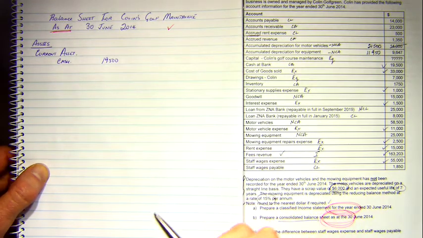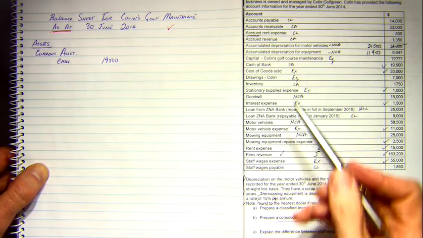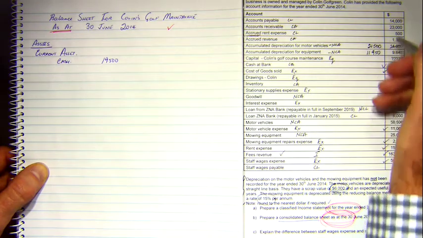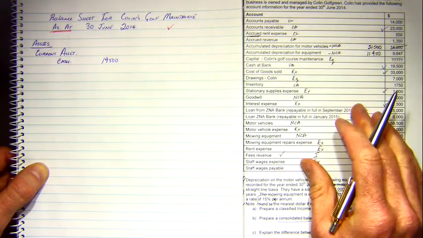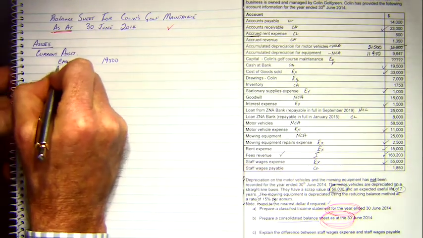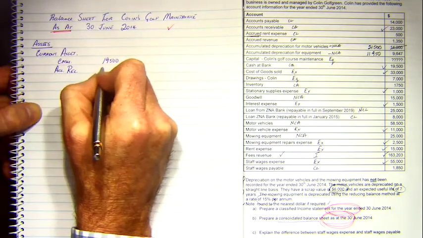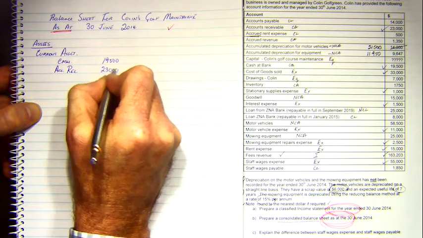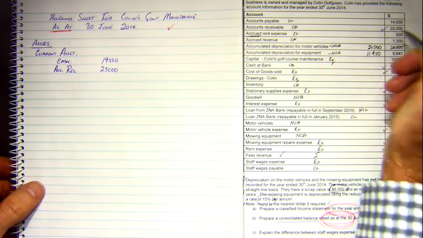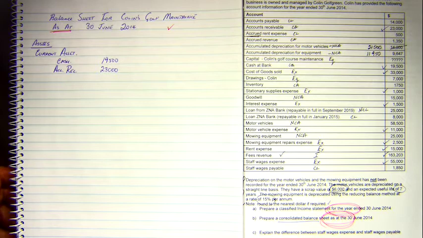What's my next current asset that I'd like to put in? Accounts receivable. So I've got my accounts receivable, which is 23,000. I'm going to abbreviate that to account rec. 23,000. What's the next one I'm looking for?